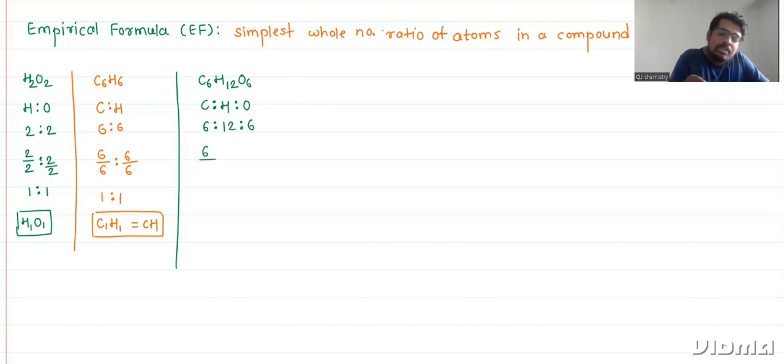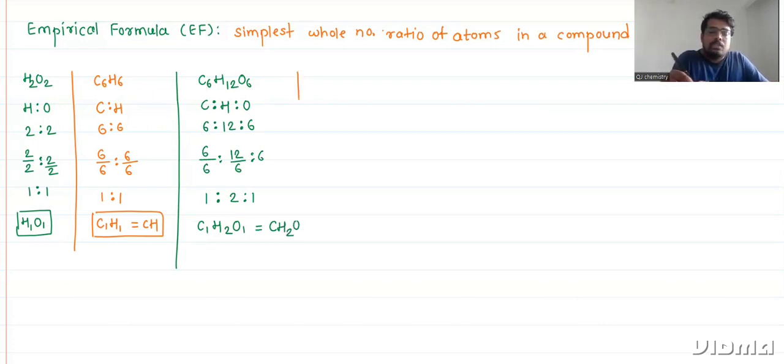In simplified form, the ratio of carbon to hydrogen to oxygen is 1 to 2 to 1. So the empirical formula can be written as C1H2O1, or CH2O.